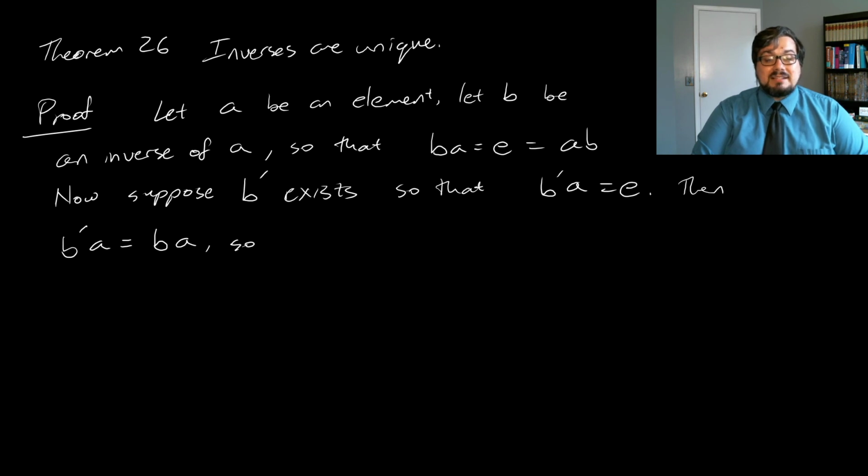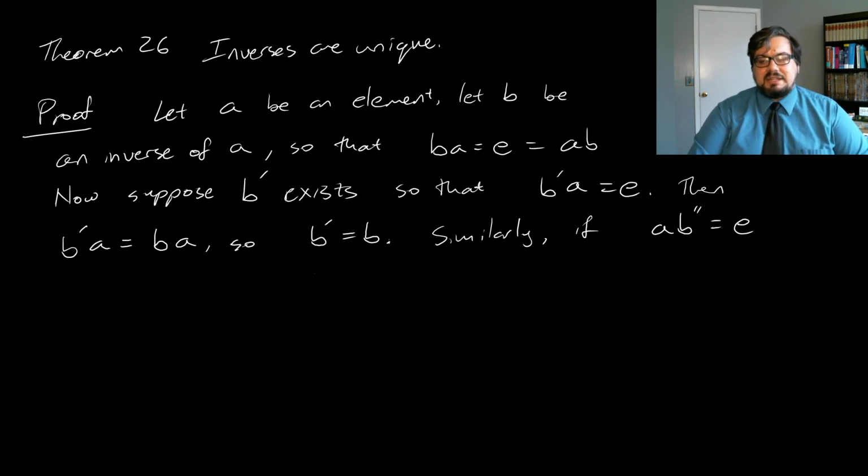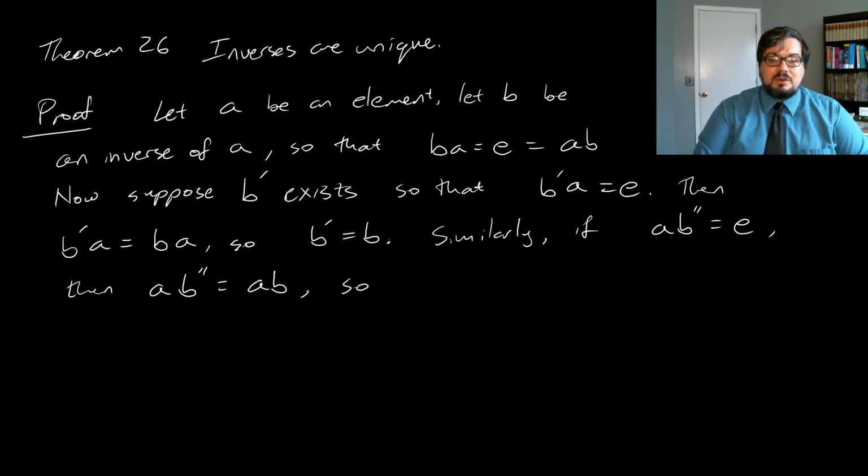So by cancellation, B prime equals B. Similarly, if A times B double prime equals E, then A times B double prime equals AB. So again, by cancellation, B double prime equals B.